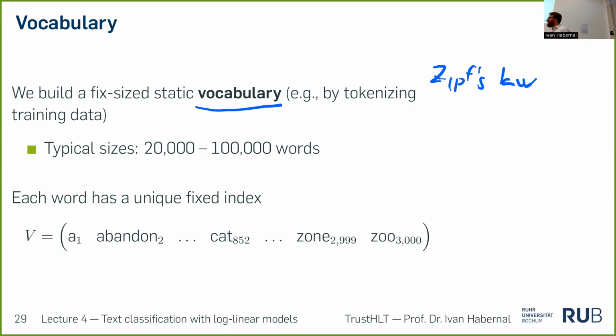I don't know it exactly either, but I know there's some sort of very skewed distribution. Some words are very frequent, and then you have a long tail of very rare words, and maybe some words are not used at all. I don't think this is exactly Zipf's law, to be honest, but it's a distribution of any words. It's very skewed.